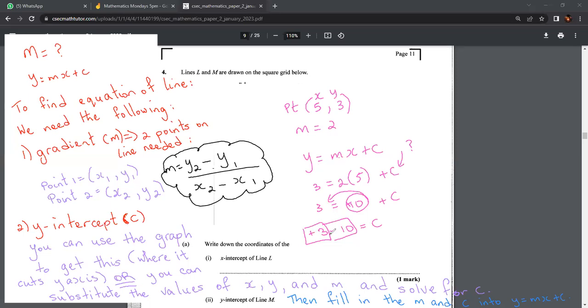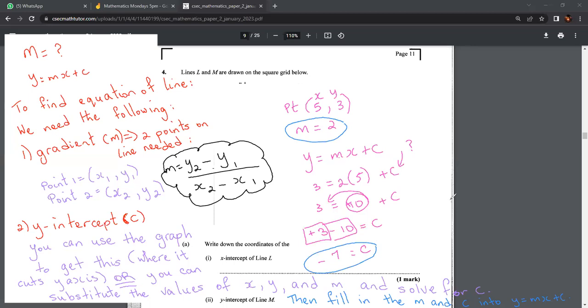Once I have 2 different signs, I'm going to subtract and keep the sign of the larger number. I subtract like normal. 10 take away 3, that's 7. My 10 is bigger, so it's going to be negative 7. So c is negative 7. Now, I know that my gradient is 2 and my y-intercept c is negative 7.